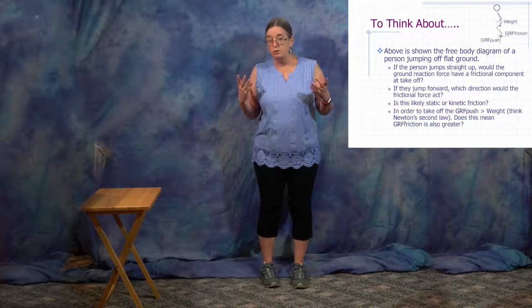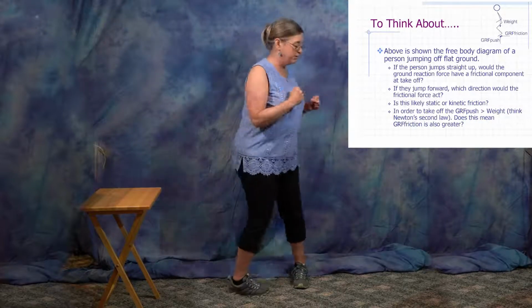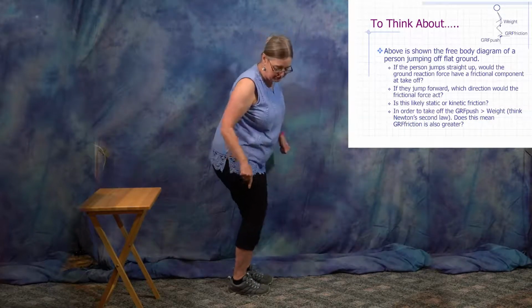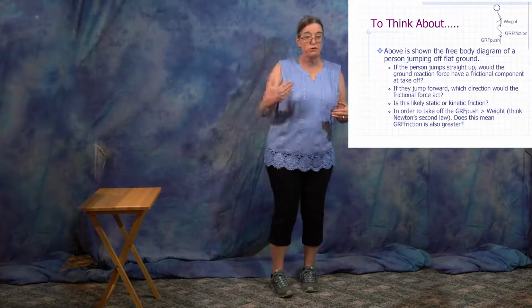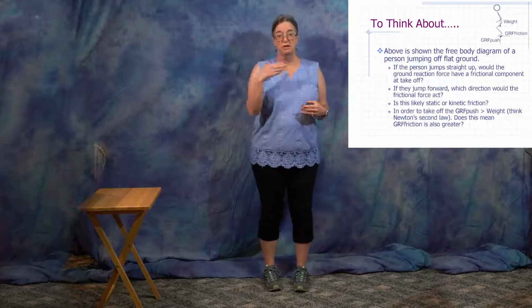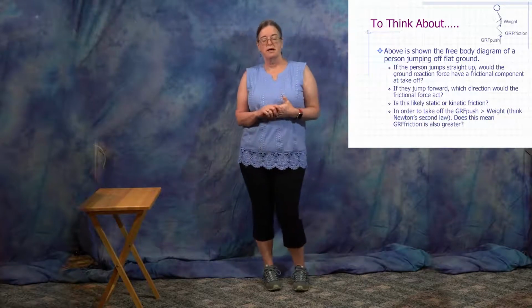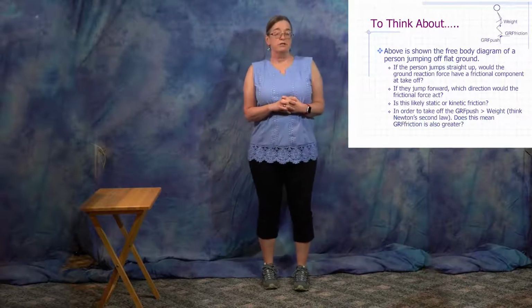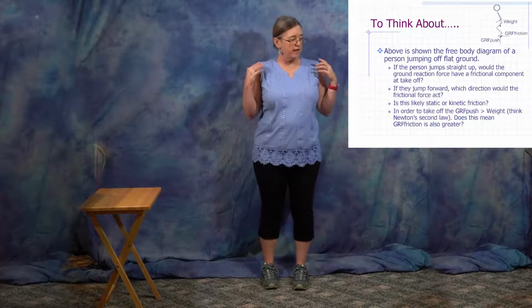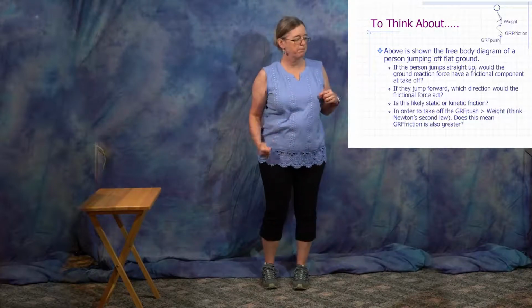And ideally, that's of course going to be static, because if you're jumping forward, you don't want your foot to slip backwards. If your foot slips backwards, you're just not going to develop the same amount of forward acceleration that you would like. In order to take off, that ground reaction force push component, so the pushing straight up part, has to be greater than weight.